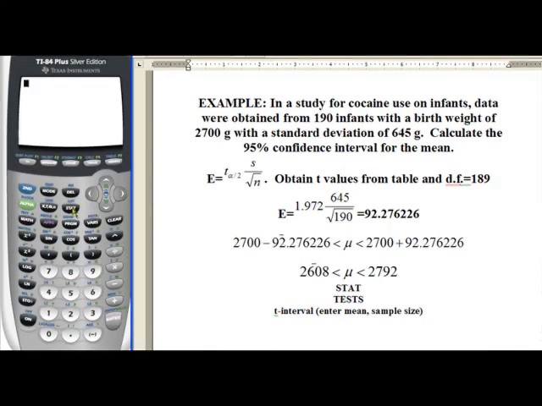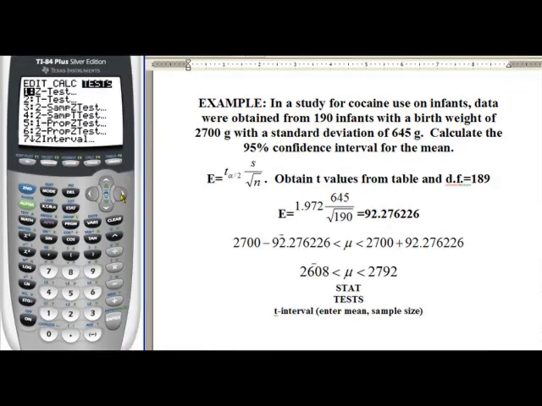Let's assume I want a shortcut. I go and pick stat, and now you'll go to tests, and this time, since you're doing a t-test, you have to go to t-interval, which is option 8. Push that, and you're entering statistics, and you can also enter data if you want, and now enter all these parameters that you know.